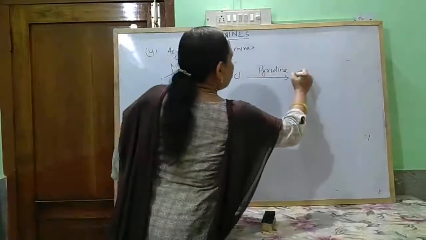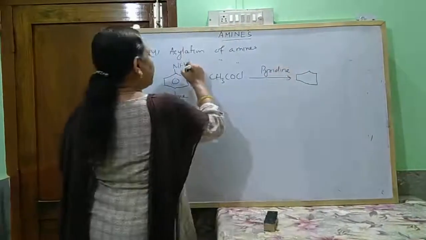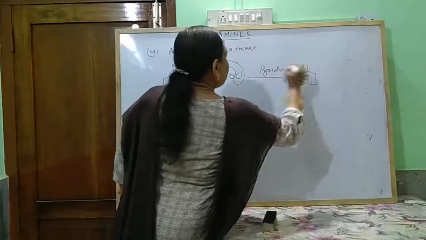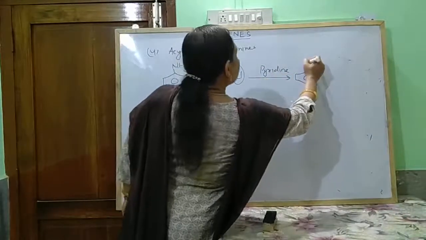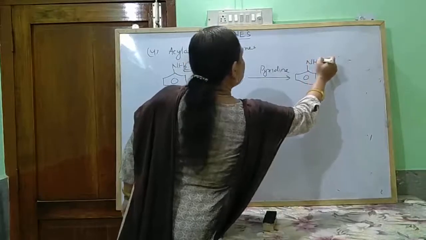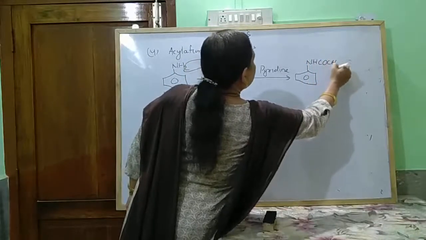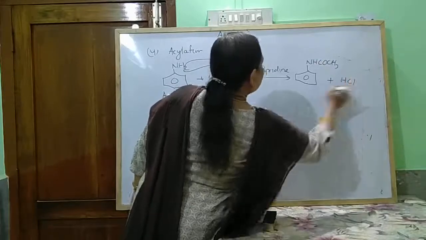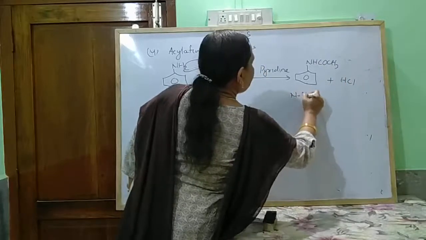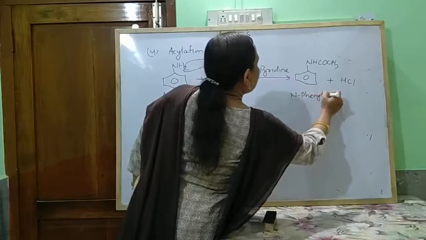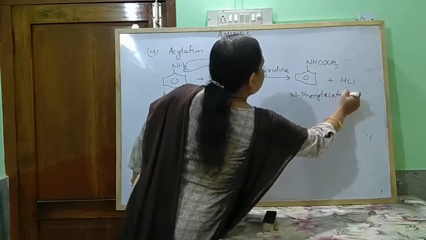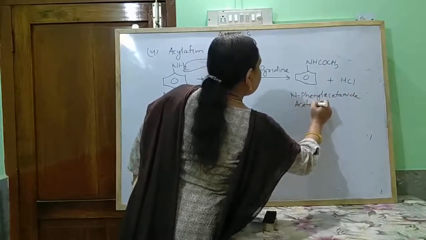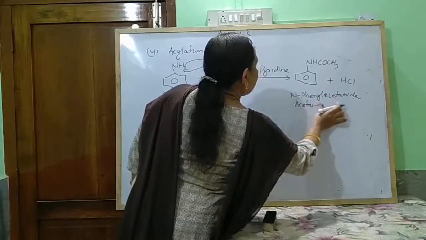Here also in the same way, hydrogen and chlorine are removed, minus HCl, so it gives NHCOCH3 plus HCl. This is N-phenyl acetamide, also known as acetanilide.